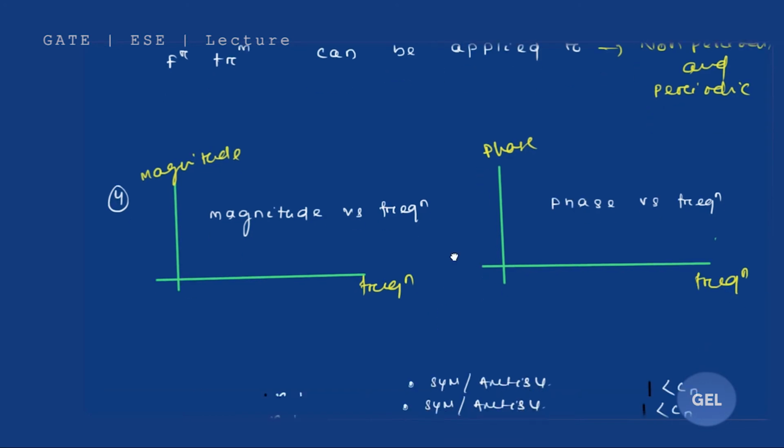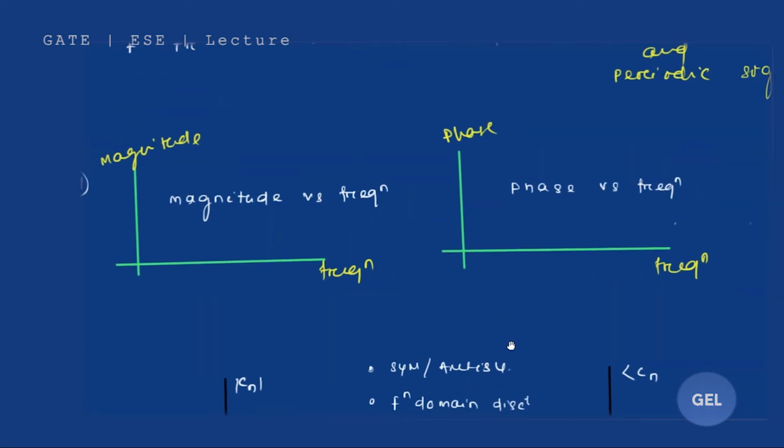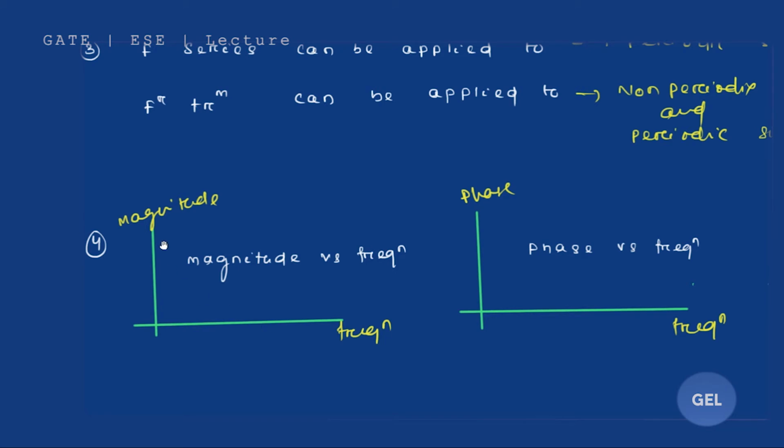Okay, so we'll get back to this once we are done with the formula thing. Then we'll get back to this concept again, this magnitude spectrum and phase spectrum. Just know that the frequency domain representation, the way that we told you, that we will represent any kind of signal in frequency domain, right? We told you that thing.